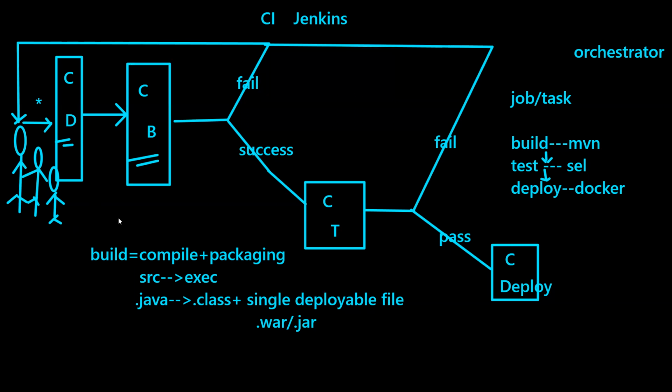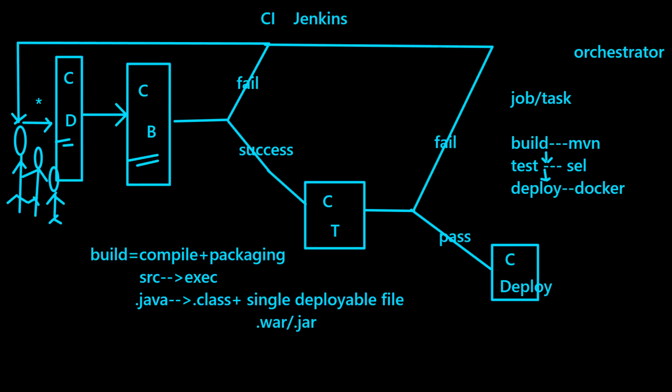Okay. So this is the continuous integration pipeline. This is how the pipeline works. Earlier, we used to have traditional integration. To understand and appreciate the importance of continuous integration, let's also go through the traditional integration. Have you ever worked with traditional integration?